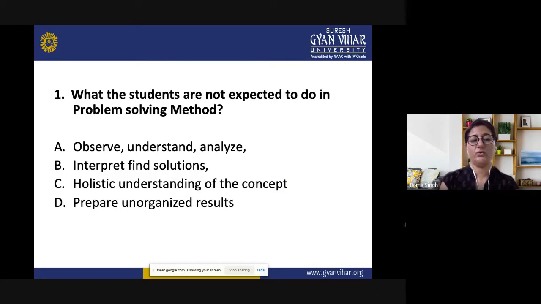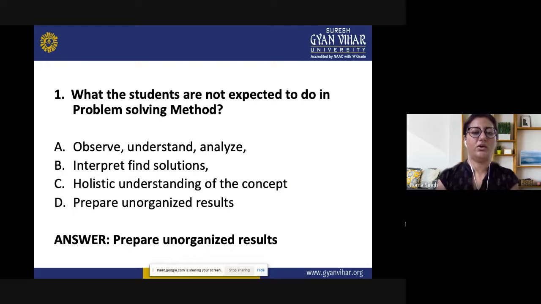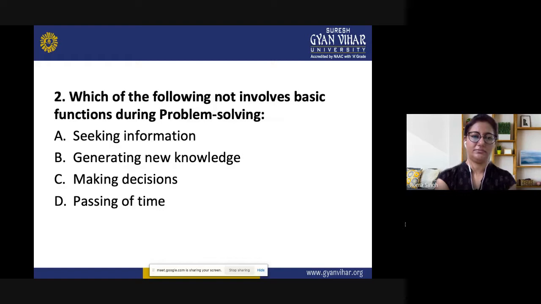By going through the options, we can clearly mention the wrong answer, that is prepare unorganized results, because we want our students to observe, understand, analyze, interpret, find solutions. Overall holistic understanding should be developed among them regarding the concept. So preparing unorganized results is never expected after the problem solving method.